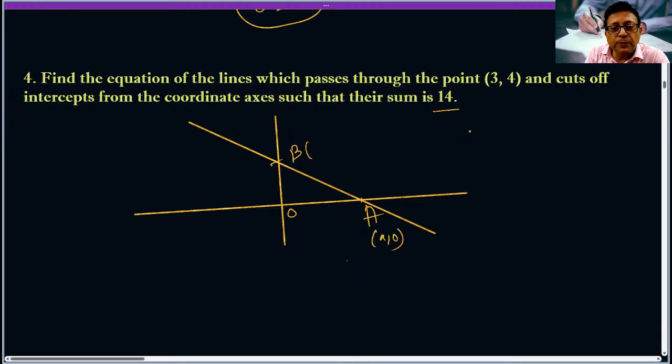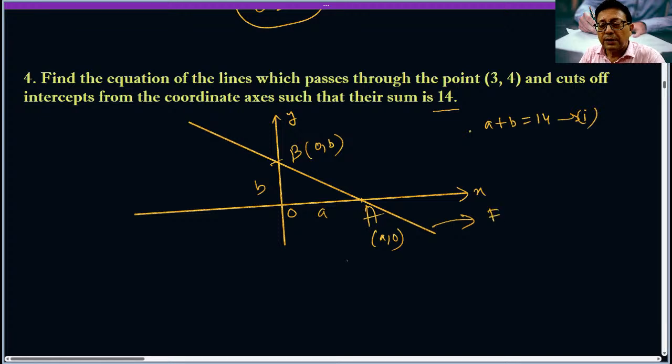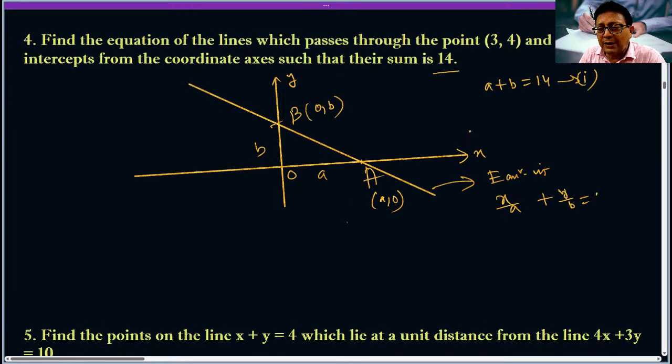You take coordinates of this point A, 0, this one 0, B, then this part is A, this part is B. A plus B is 14, first condition. And line passing through, line equation you write. This equation is what? x by A plus y by b equal to 1, and it passes through the point 3, 4.